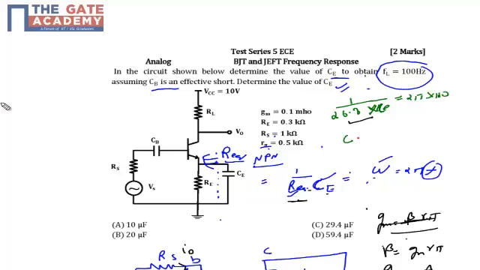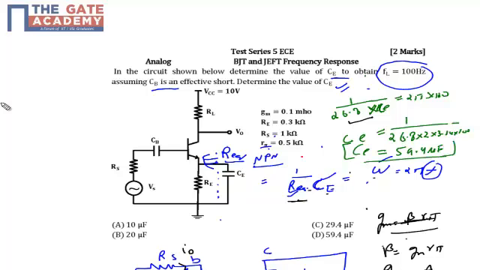So your C will be equal to 1 upon 26.8 into 2 into 3.14 into 100, which is 59.4 microfarad. So I calculated your C value as 59.4 microfarad, which is option D.